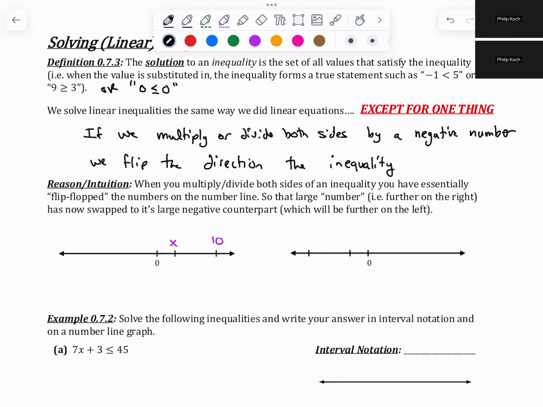This is saying that x is less than 10. Hopefully this will help you visualize it. If I multiply both sides by -1, this 10 is now going to go over here to -10, and this x will now go right here to -x.